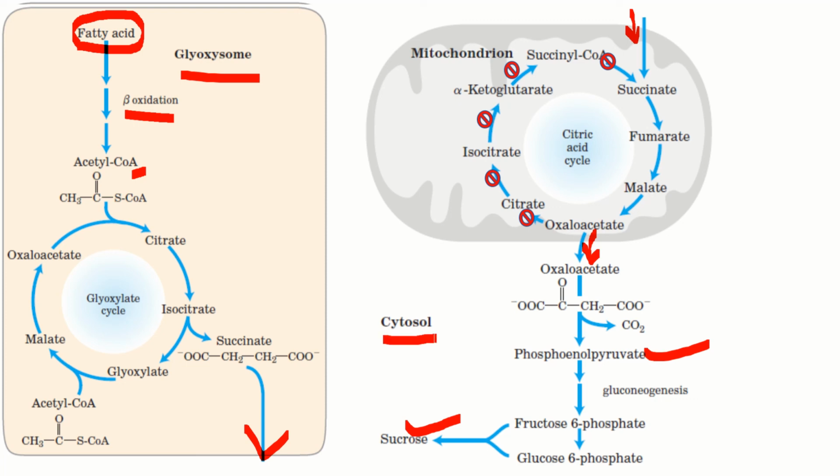So wherever this pathway, the glyoxylate pathway, is taking place, glyoxysome is involved, mitochondrion is involved, cytoplasm is involved. What's the advantage? You know that in many plants, reserve food material is lipid. For example, in coconut, reserve food material is lipid.